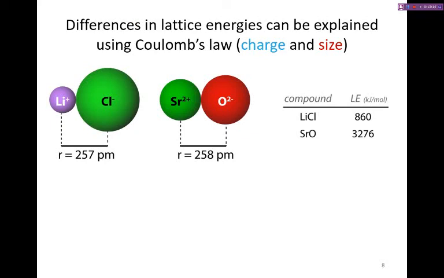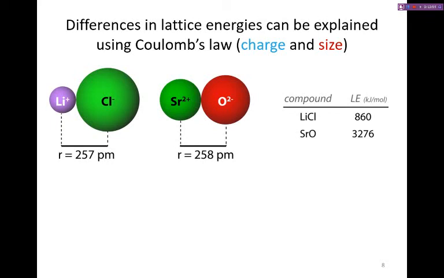Again, using Coulomb's law and evaluating the charge and the size, we can explain the differences in lattice energies. Take lithium chloride and strontium oxide, for example. When you combine the ionic radii of lithium with chloride, it's 257 picometers. The ionic radii of strontium oxide is 258 picometers. The difference between them is essentially nothing. On the scale of picometers, that difference is so small, you can't even tell the difference.